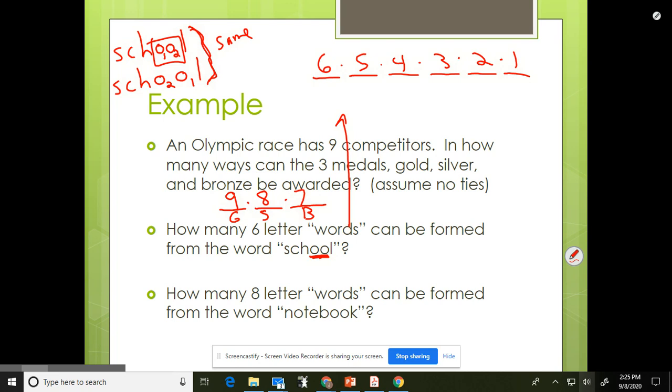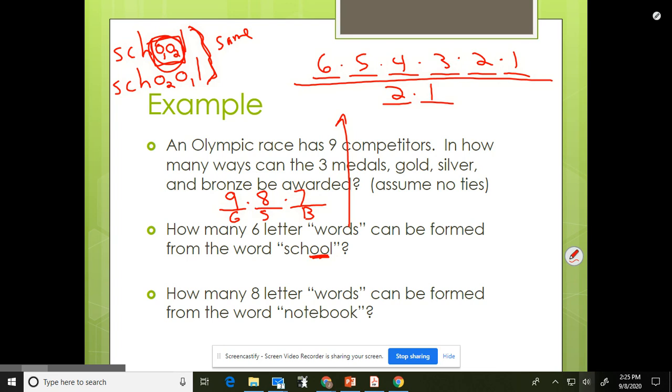So my numerator is what we thought it was, 6, 5, 4, 3, 2, 1. In the denominator, I'm just dividing by my repeats. I have 2 letters repeated, so I have 2 times 1 ways of arranging those. I'm basically doing a permutation with the O's. I have 2 options for the first O, 1 option for the second O. Then I just do the math there: 6 times 4 times 5, all that divided by 2.